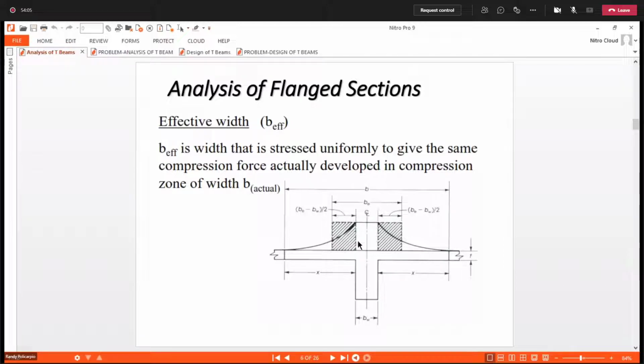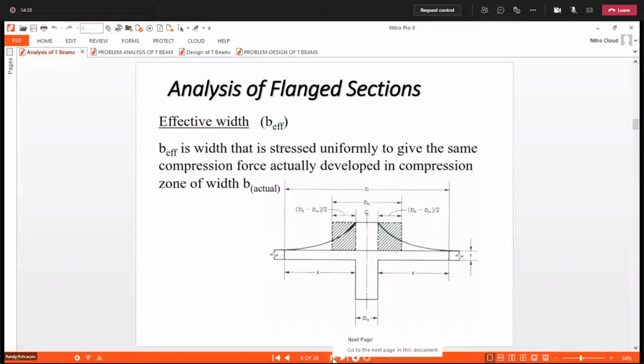Itong shaded part, ito ngayon yung distribution ng stress near the face of this beam. Okay? So yun yung ating assumption, no? By getting the effective width, we may be able to convert this stress into uniform distributed stress. Okay, so uniform siya by considering the effective width.